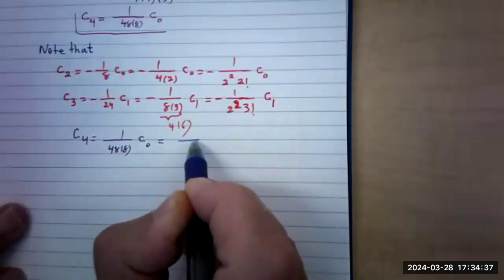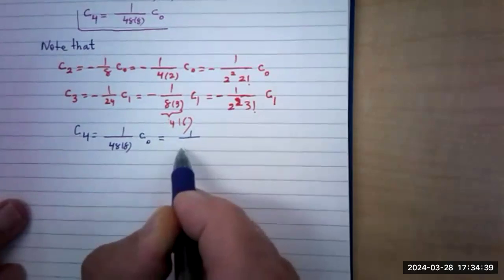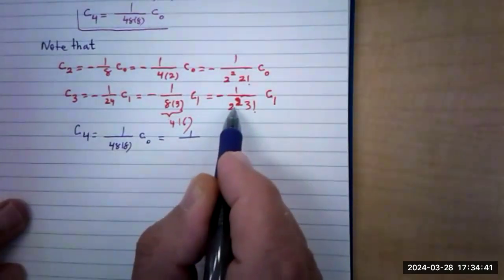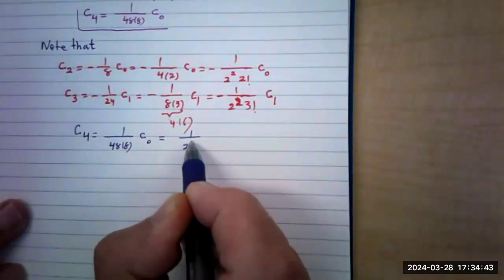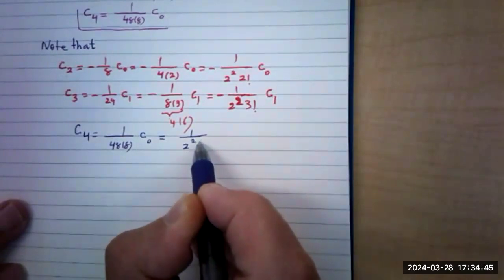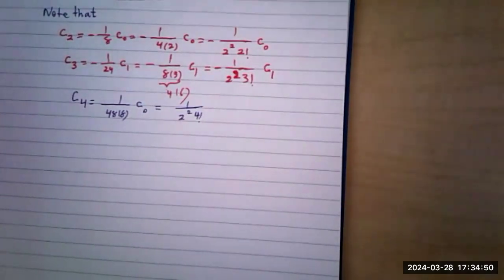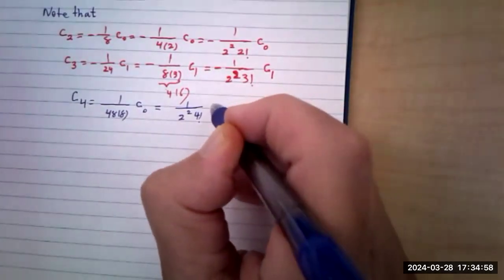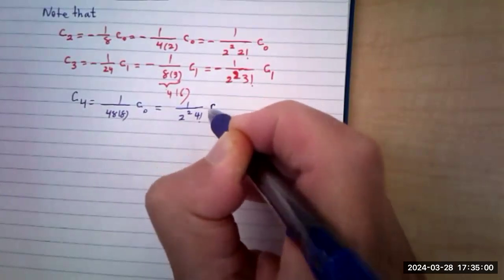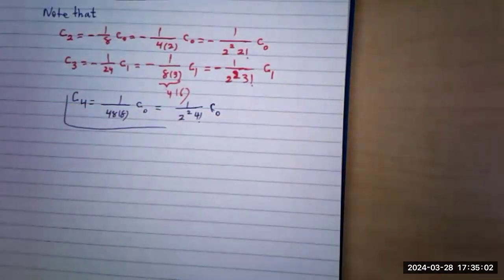So this is going to be something like 4 times 4 factorial. Because 3 factorial would be 6, 4 factorial would be 4 times 6, which is 24. So that gives you an idea of how these terms are going to be arranged.